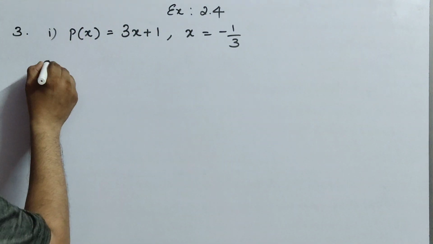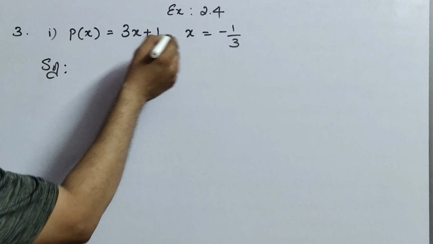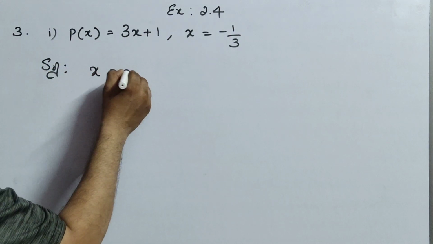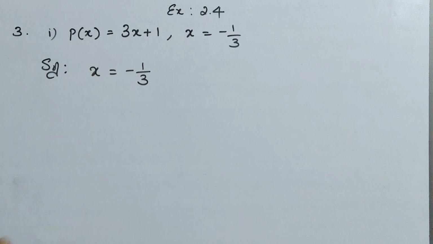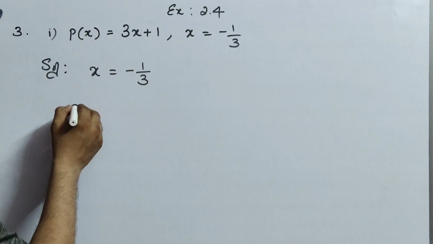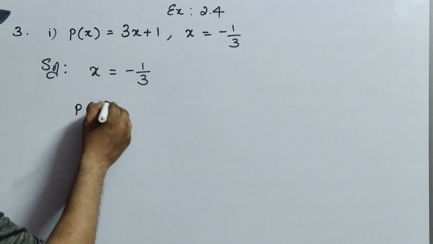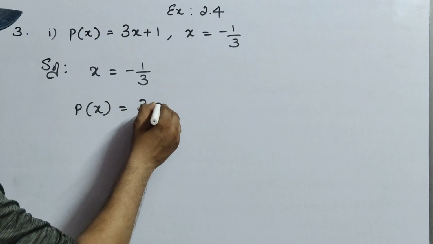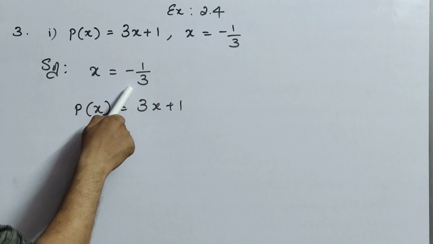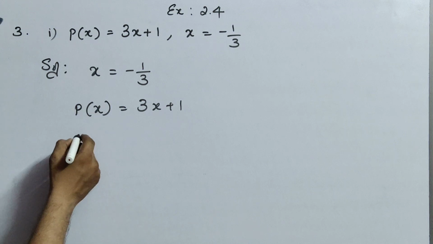Now, see the solution here. What is the value of x given? x equals minus 1 by 3. The given polynomial is P of x equals 3x plus 1. Now, wherever x is there, substitute minus 1 by 3.